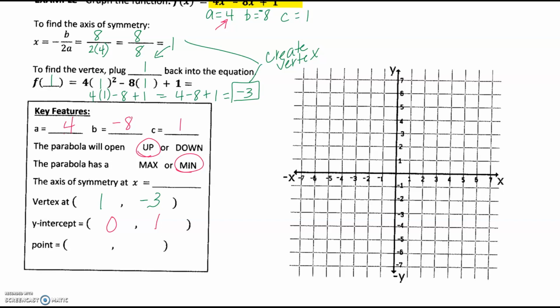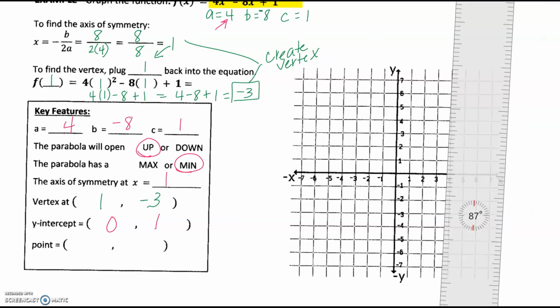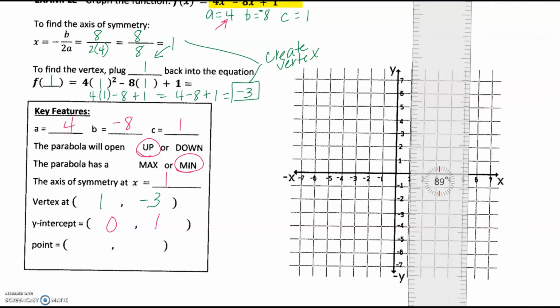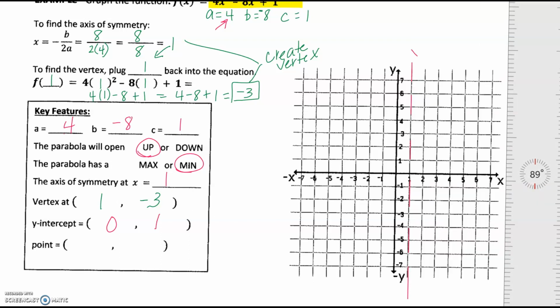Let's start with the axis of symmetry, which we have not filled in. We found that was x equals 1. With your ID or a straight edge, you draw for an axis of symmetry a dotted line through there, a dotted line. Don't make it a solid. This is the axis of symmetry, x equals 1. Okay?